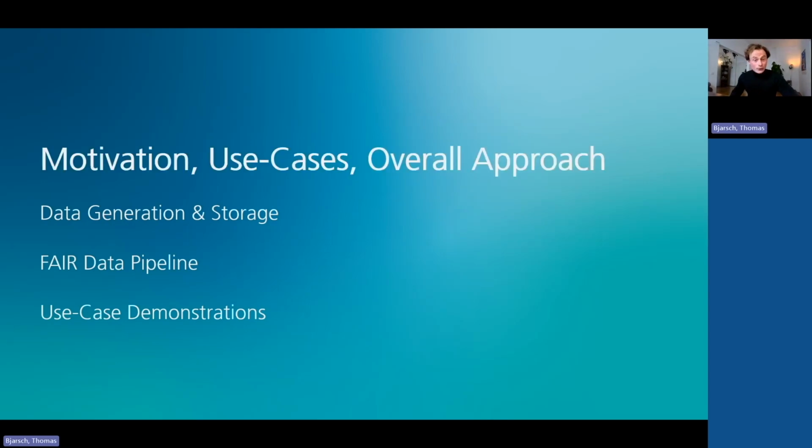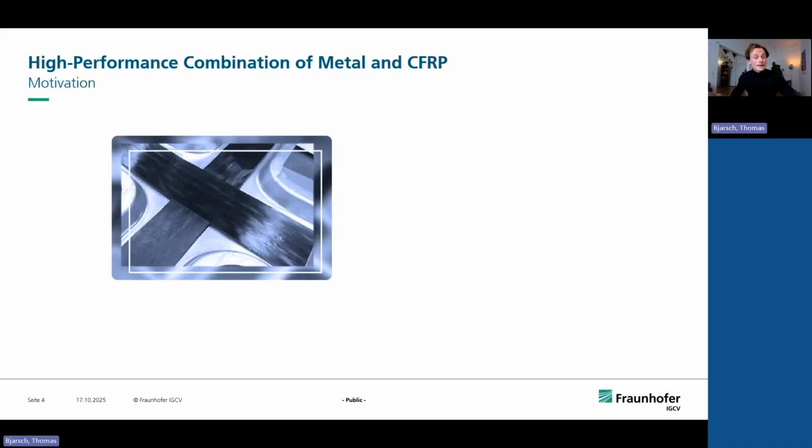Let's start with the motivation. So in the project, we addressed the material combination of CFRP, which is the black thing here. This is carbon fiber reinforced plastics. And we combined this with metal structures. That's the silver thing here. And in this way, we did it using adhesives.